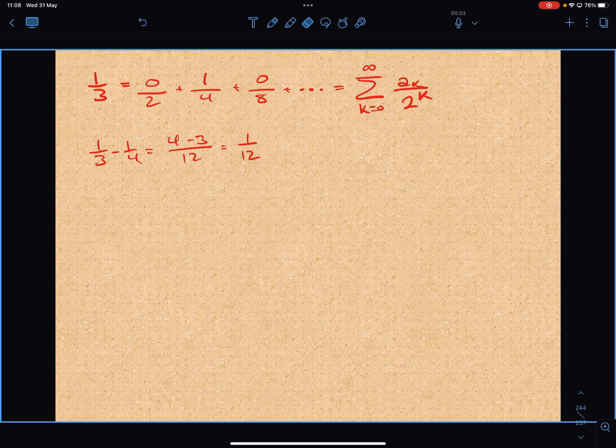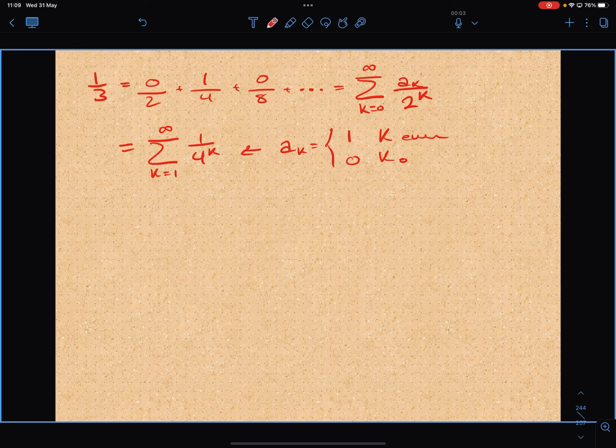So the claim is that this is equal to the sum of 1 over 4^k, k from 1 to infinity, where A_k is equal to 1 when k is even and 0 if k is odd.